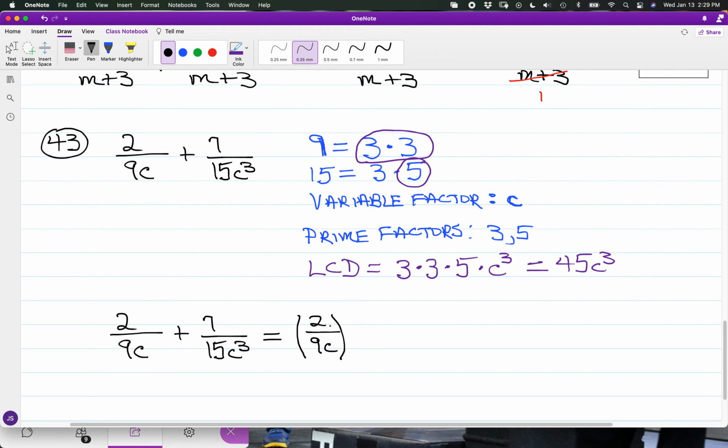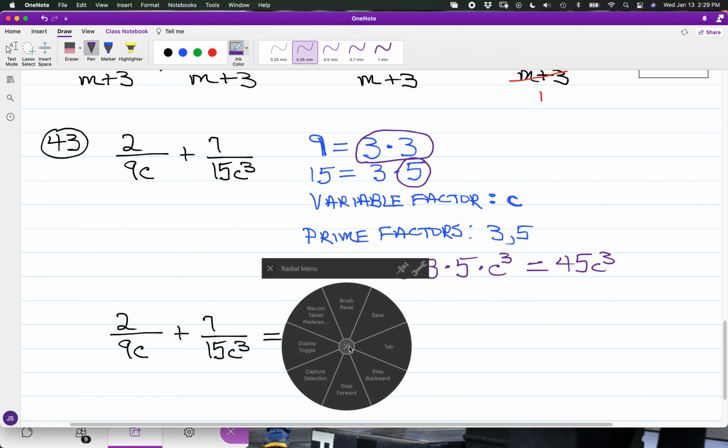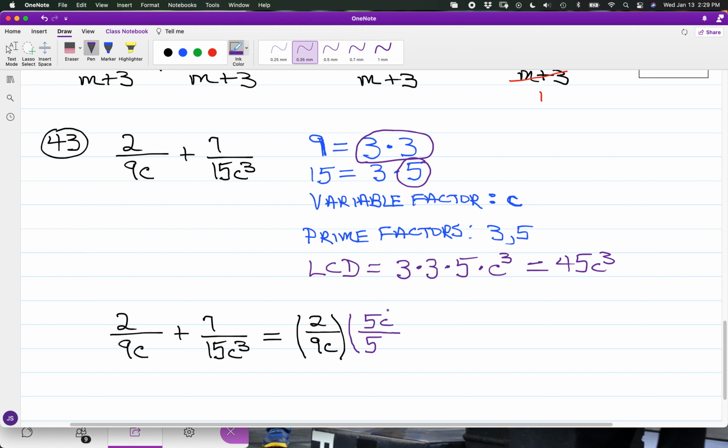So we have 2 over 9 times c. I'm going to multiply this ratio by the number of times that 9c goes into 45c cubed. 9 goes into 45 5 times, and c goes into c cubed c squared times.